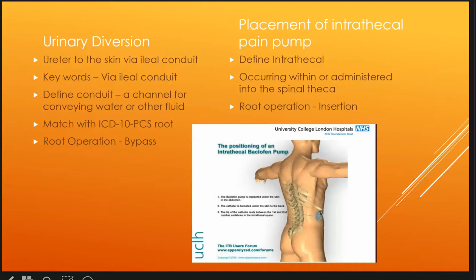So in this case, they are kind of rerouting the urinary stream. The best root operation that matches that is bypass. Again, if you go into your textbook, bypass is defined as altering the route of passage of the contents of a tubular body part.